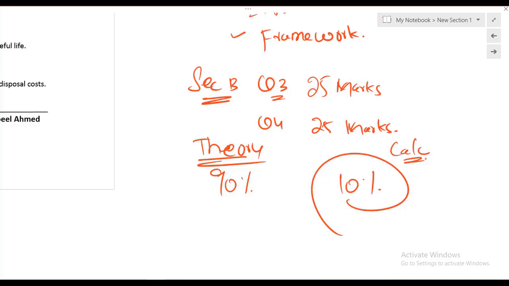It's a misconception that it is a numerical, calculation based paper. It is not a calculation based paper. When it comes to the exam, 90% of the paper is going to be theoretical rather than numerical.